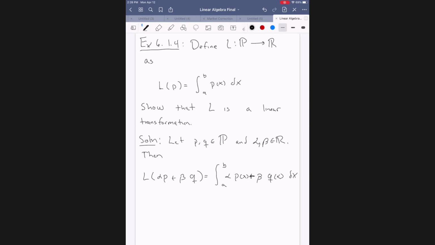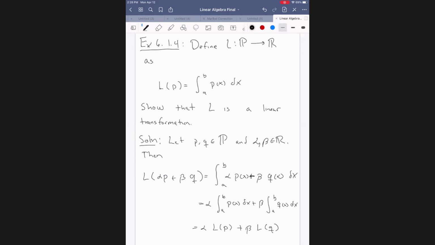Can I distribute the integral? Yeah, right. So I can just distribute and take out the constants like this. And this is just going to be alpha L of p plus beta L of q. And so it's linear. Okay.